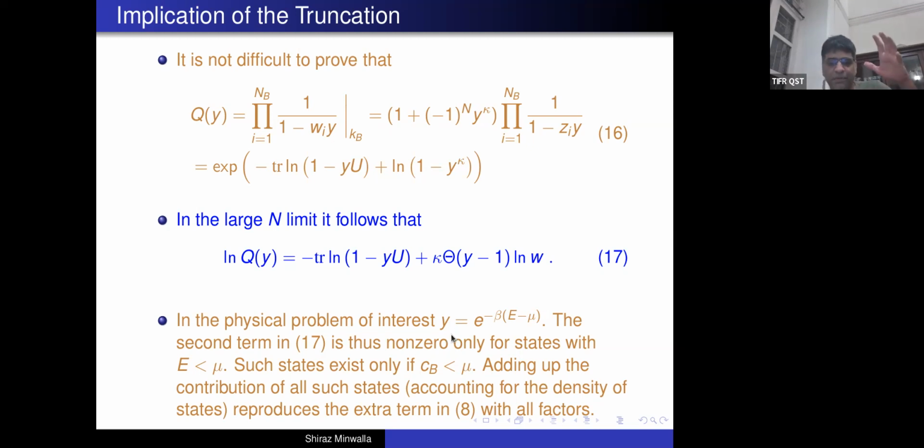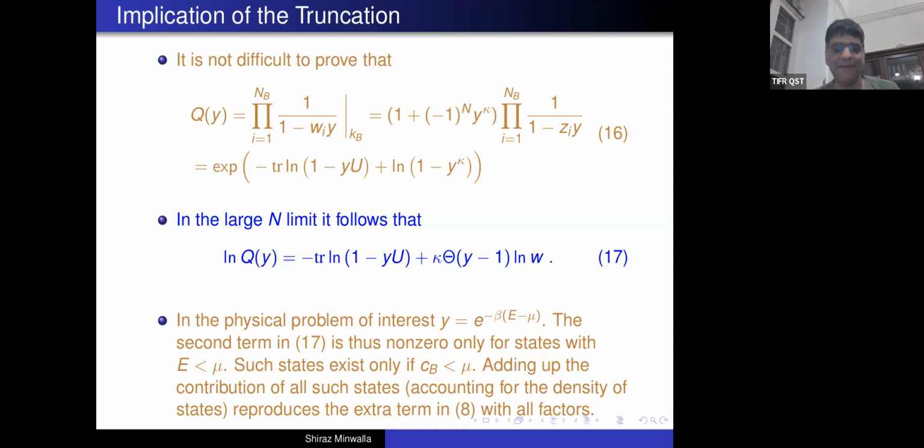Now, in the physical problem of interest, y is equal to e to the power of minus beta times (E minus mu). And this tells us that this extra term only exists for those states whose chemical potential is larger than the energy of the state.